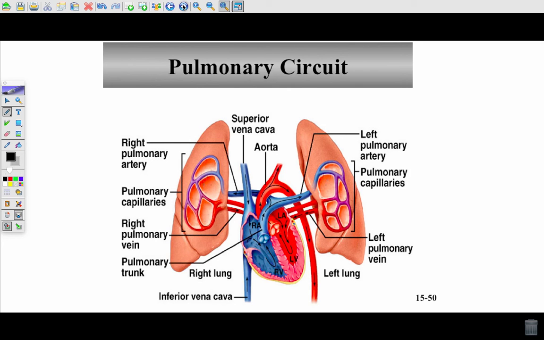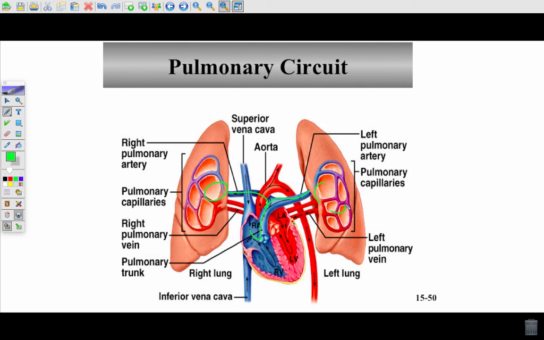Okay, pulmonary circuit. This is stuff we've already gone over, so I'll be quick with this. The pulmonary circuit is how blood goes from the heart into the pulmonary trunk, the left and right pulmonary arteries, and into the lungs.